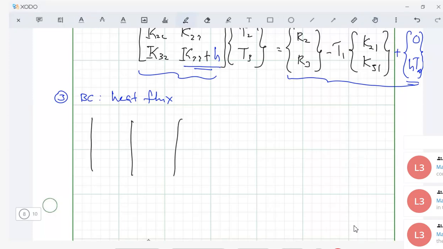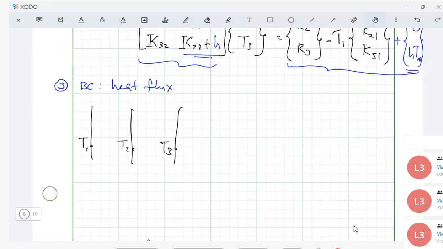So let's say we have our T1, our T2, our T3, and let's say we have Q naught at this side here.